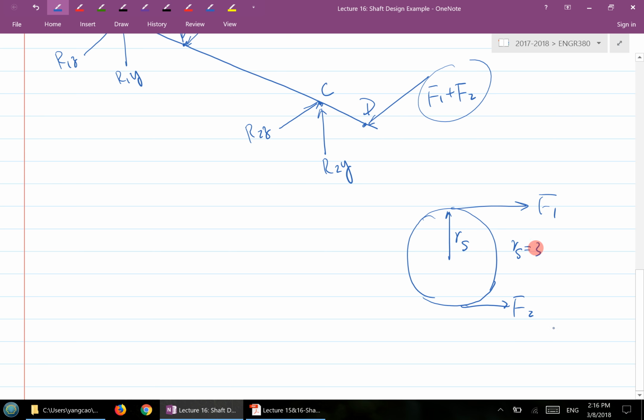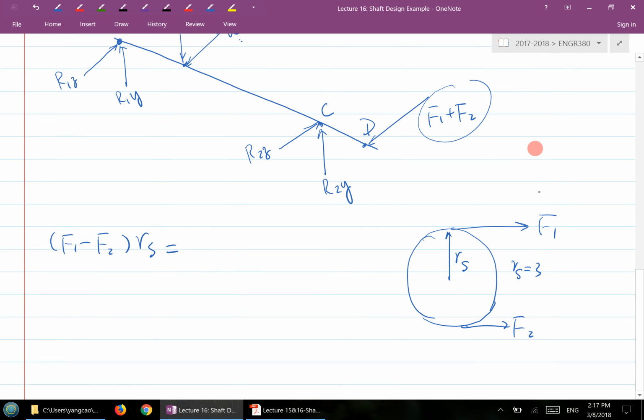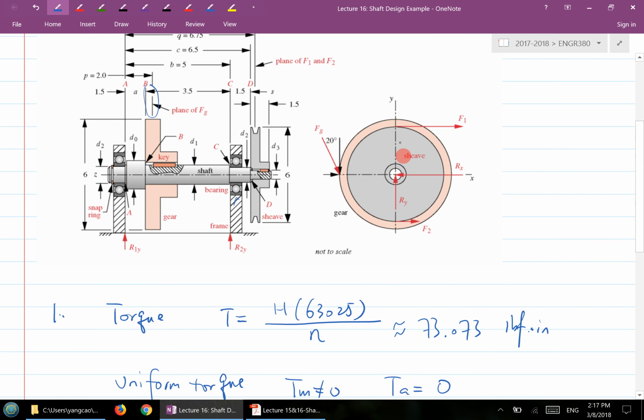We're going to make use of some of the given conditions to calculate F1 and F2. For this question, F1 minus F2 times RS, if you use this minus this times the radius, what does it give you? It gives you the torque, right? And the torque needs to be balanced with the torque at this location.